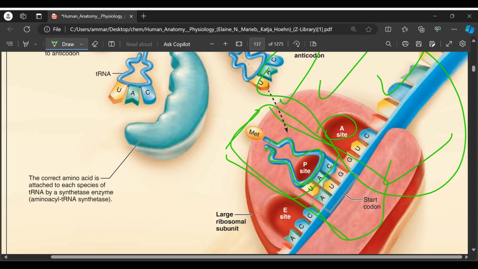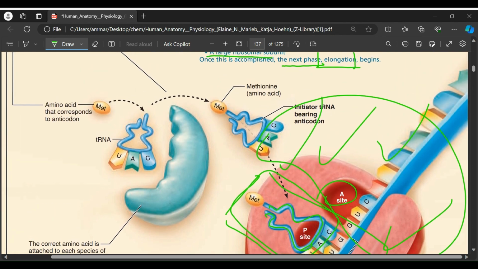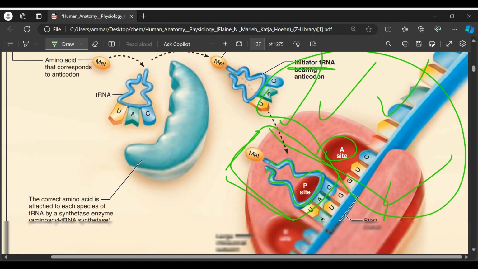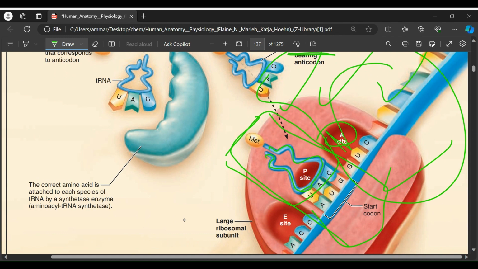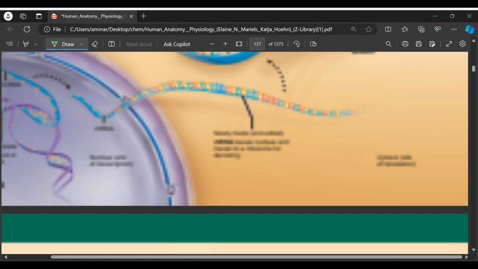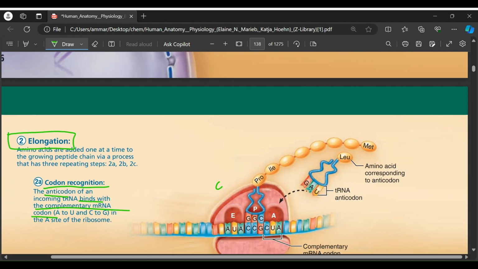The P site is the site where these four things that should be present will be present. But then in the elongation, the second, third, fourth transfer RNAs, not the initiator transfer RNA, will first go to the A site and then move to the P site in the translocation, which I'm going to talk about, okay?